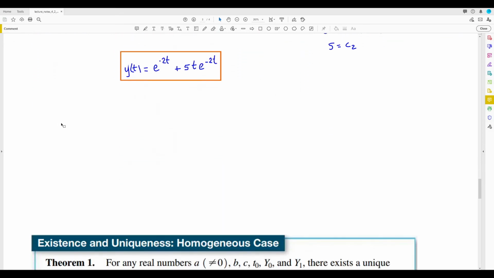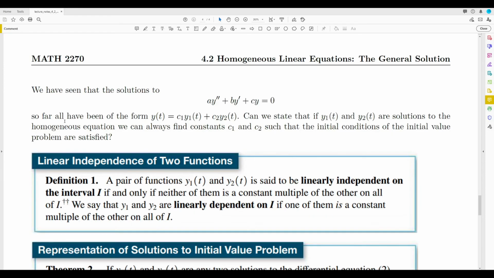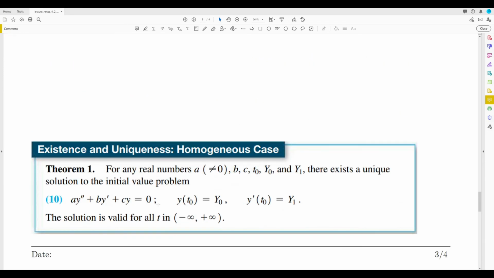And now, in general, we can state that when we look at our homogeneous second order differential equation with constant coefficients, then for any real numbers a not equal to 0, b, c, t0, y0, and y1, there exists a unique solution to the initial value problem a y double prime plus b y prime plus cy equals 0, with initial conditions y at t0 equals y0, and y prime of t0 equals y1.